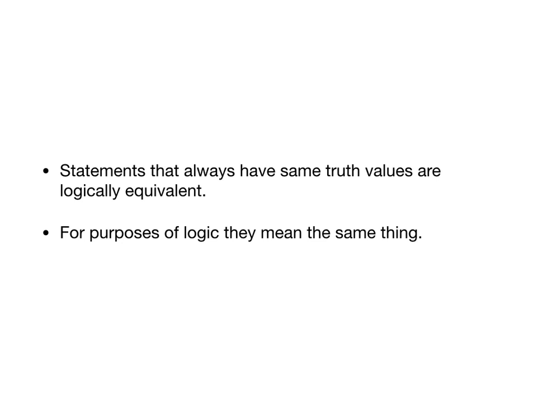We can argue maybe these statements in ordinary English would tell us something about the speaker, or they might have a connotation that they don't in logic. That's not important, because all we're thinking about are the truth conditions, and if they have the same truth conditions, for purposes of logic, they mean the same thing.